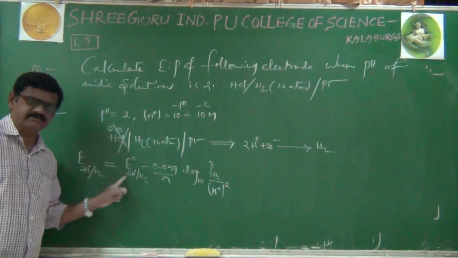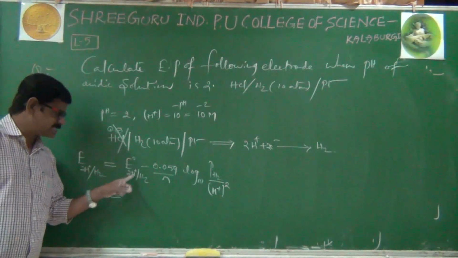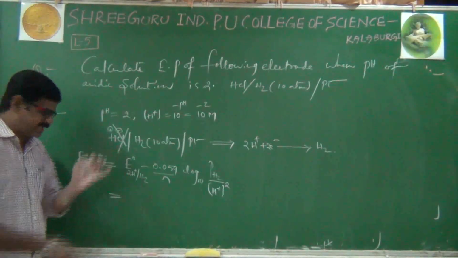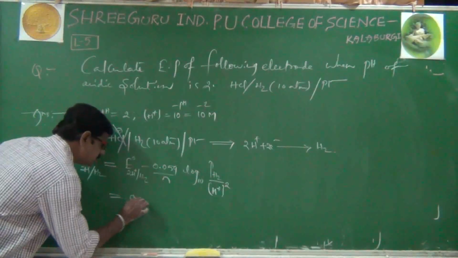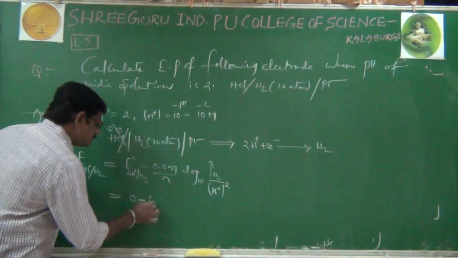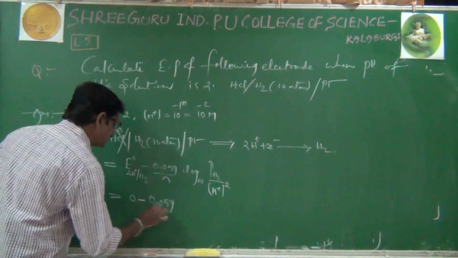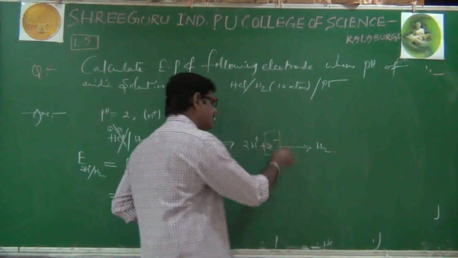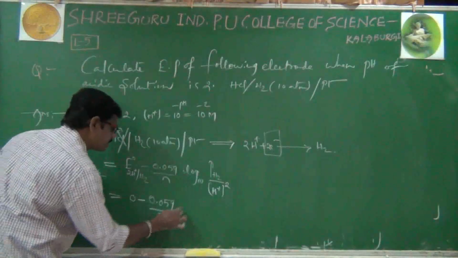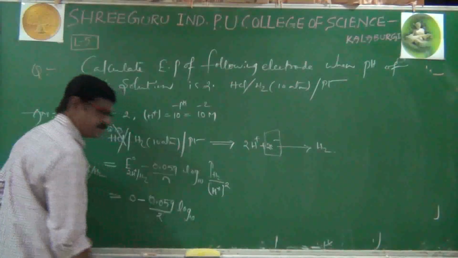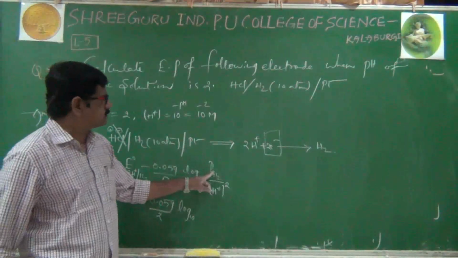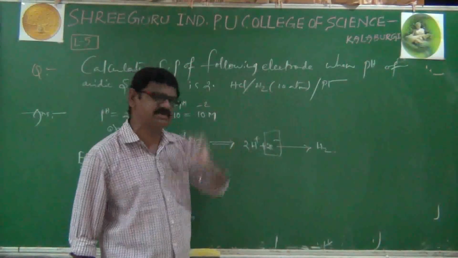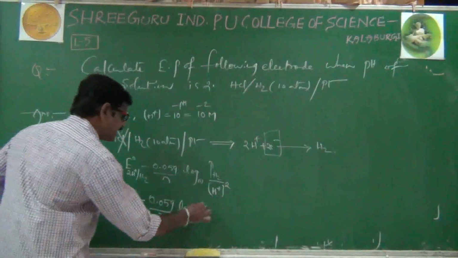E naught is nothing but SHE, it is nothing but H plus converted to H2 under standard conditions. Standard hydrogen electrode value will be 0 minus 0.059 divided by n value. How many electrons are transferred here? 2 electrons, divided by 2, log base 10. Pressure of hydrogen is clearly given in the question, that is 10 atmospheres. We write 10.